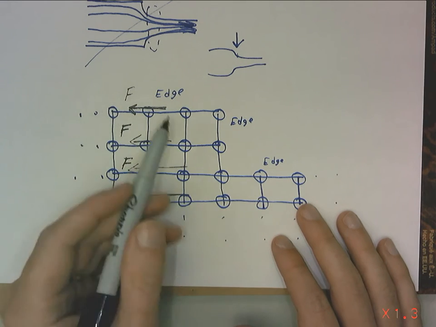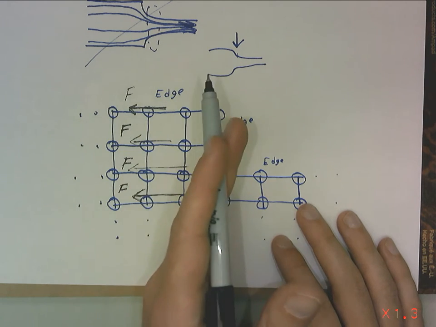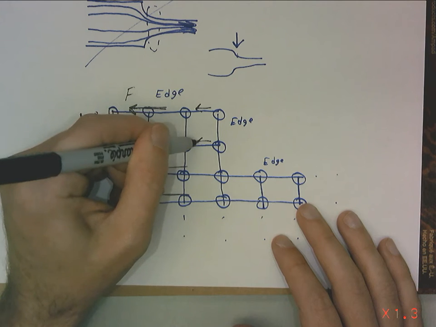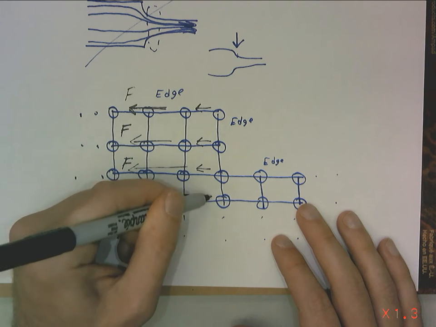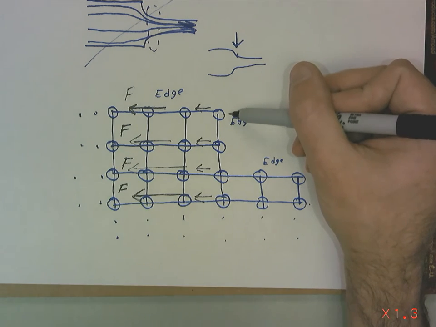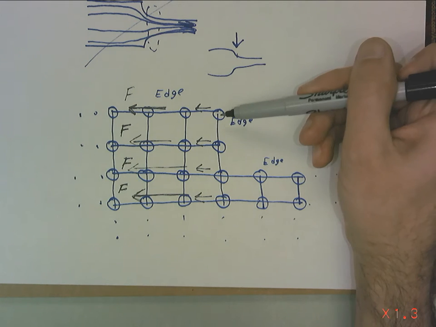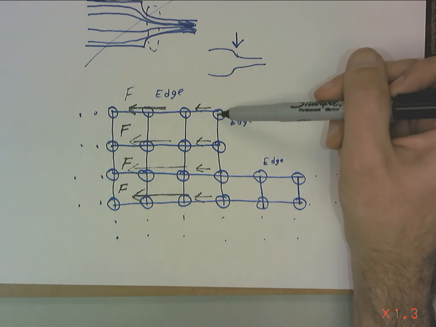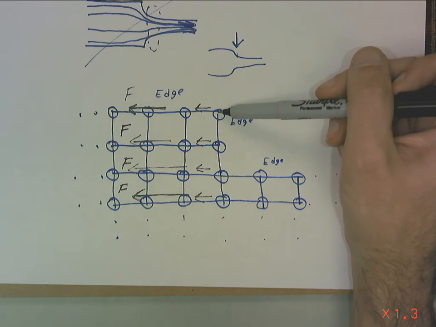Well, so as we get further to the right, everything is still fine. Our bonds are carrying our stress. When we hit this edge, we have a problem. I have atomic bonds to the left here that have, I'm saying stress when I'm writing F for force, but it's a stress or a force, okay?